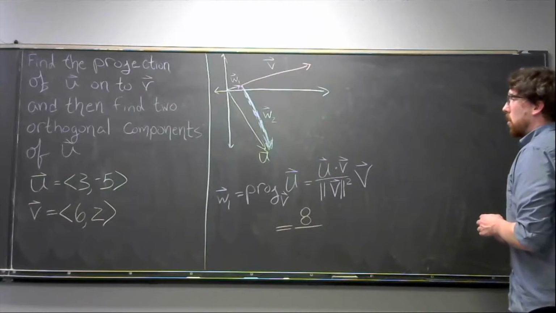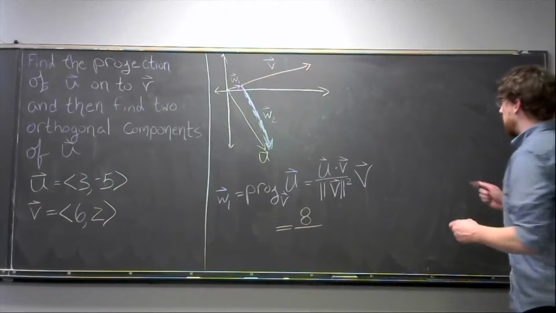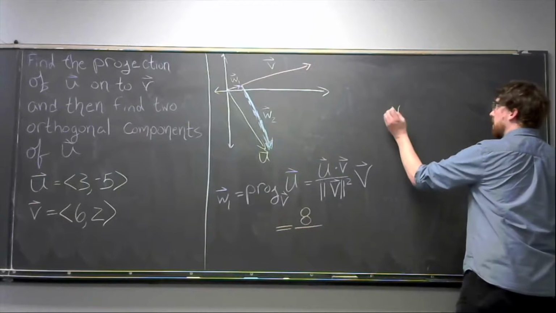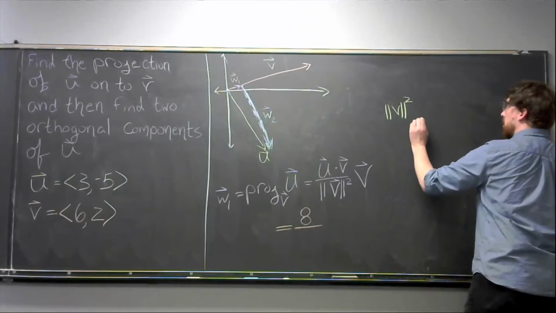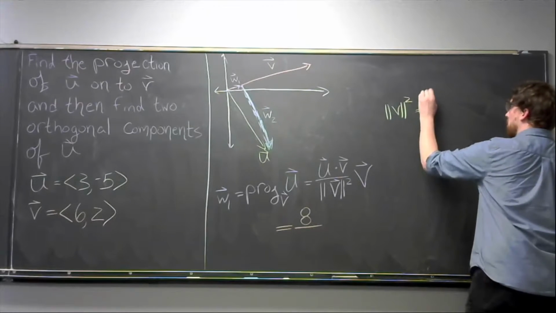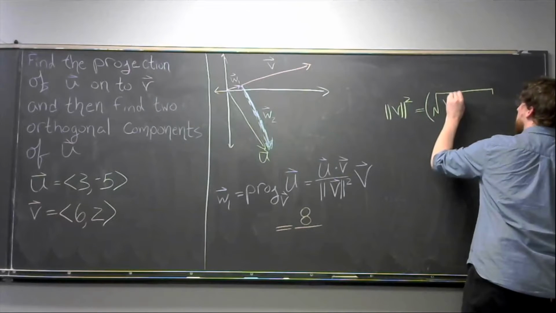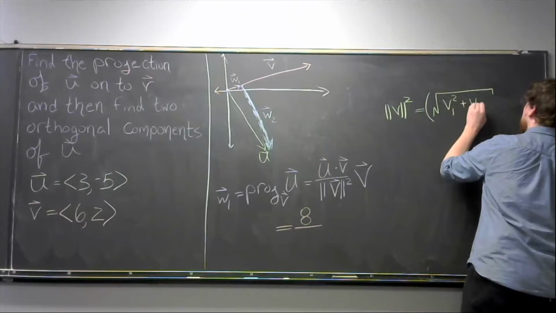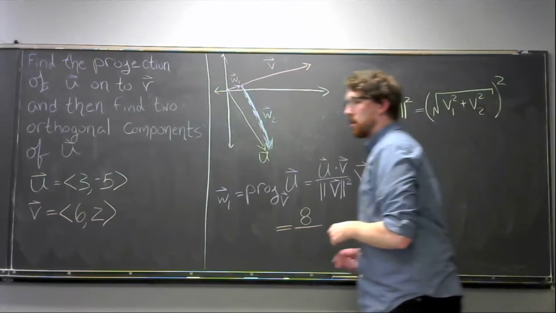Or we can say that it's the dot product of itself with itself. So what I'm saying is we can write it as the magnitude of v squared is equal to the square root of v1 squared plus v2 squared, the entire quantity squared.